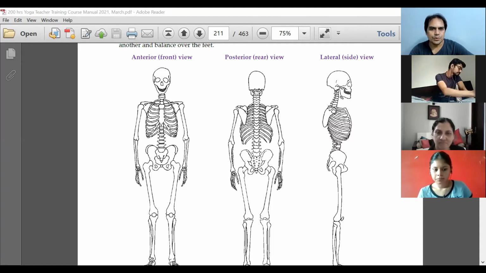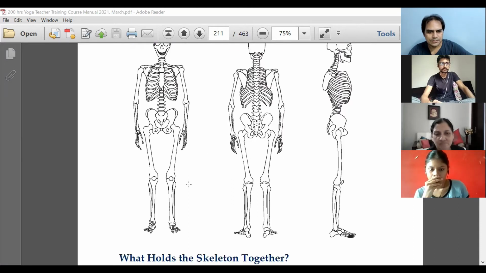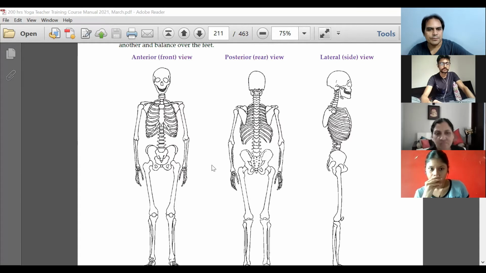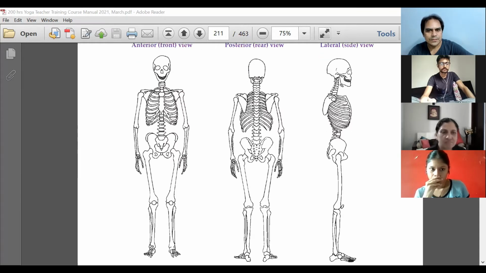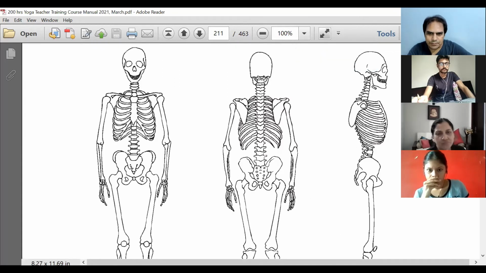This is the anterior view, this is the posterior view, and the lateral view. Anterior is the front view. You see this skull. This is your anterior view. And this is the posterior view, the back side. This is the vertebra.